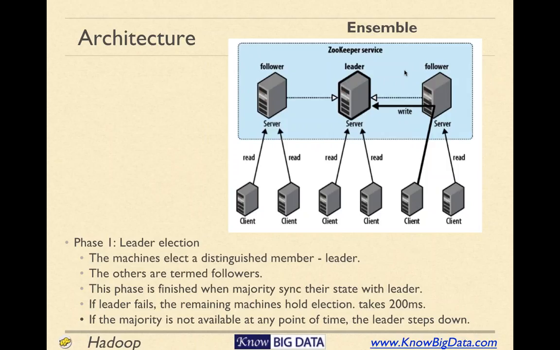As soon as the network is up, the nodes are talking to each other, voting about each other, gossiping amongst each other, the election happens, and somebody becomes the leader. The moment somebody becomes the leader, the rest of the followers synchronize their state with the leader.